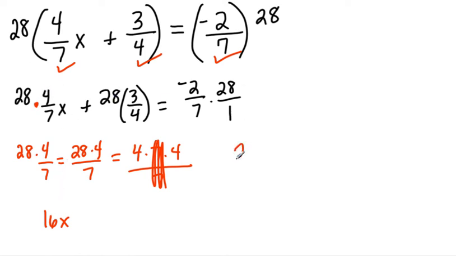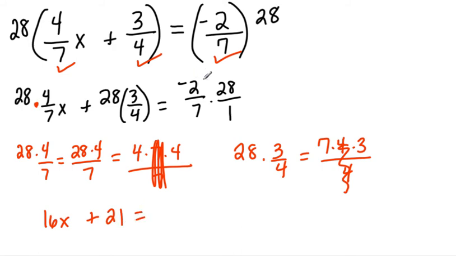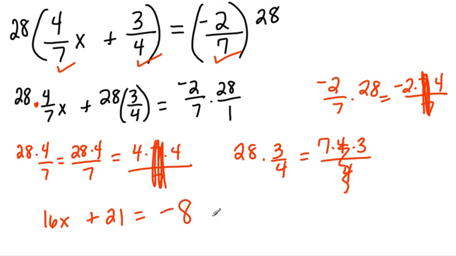Look at this. 28 times 3/4 would be 7 times 4 times 3 over 4. What goes away? 21. So 21 is your answer. 4 into 28 is how many? 7. 7 times 3 is 21. Right, what do I do here? Negative 2 sevenths times 28. Negative 2 times 7 times 4 over 7. 7's go away. Negative 8 is my answer.